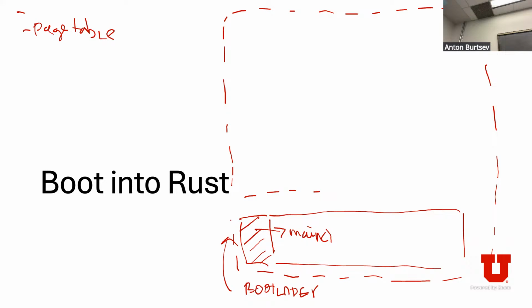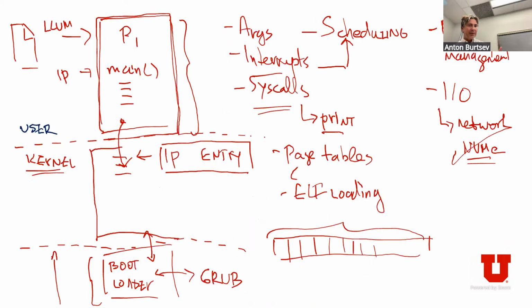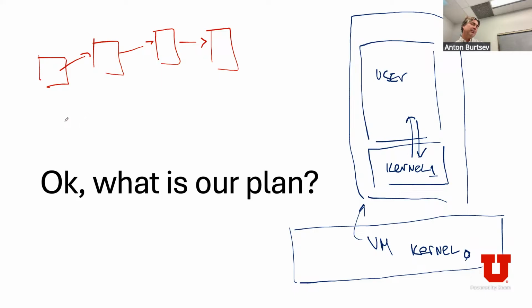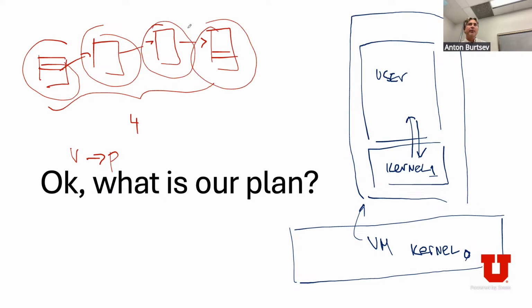But what I'm getting to is that page tables, don't forget, have layers, right? So the page table has a root, then it might have multiple levels. And in our case, since we're working with 64-bit mode, the normal amount is 4, right? So even if we want to add one mapping from virtual to physical, underneath we might need to allocate those nodes, the pages which contain the page table.